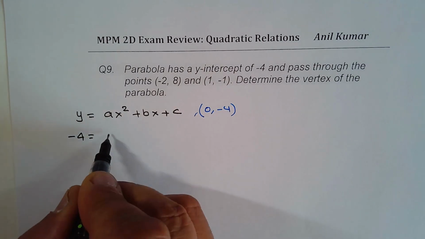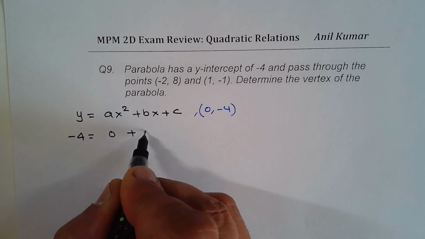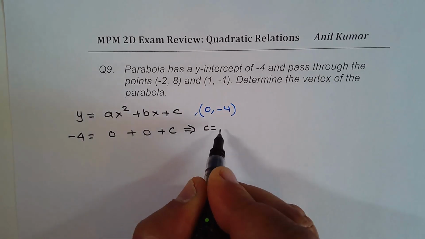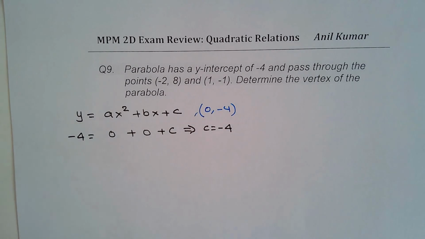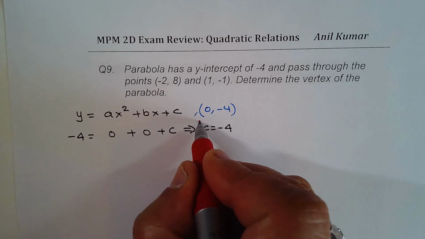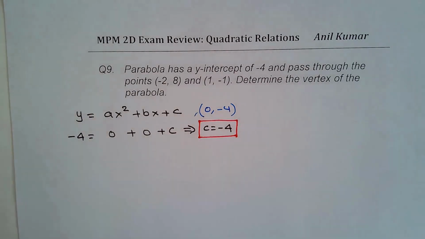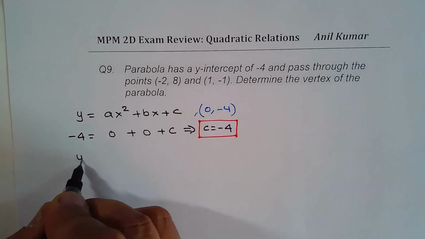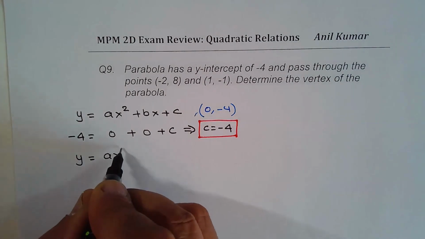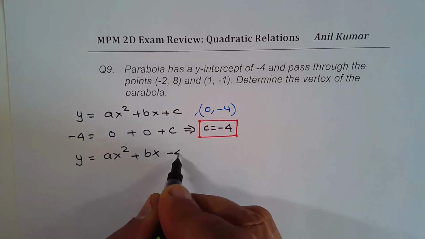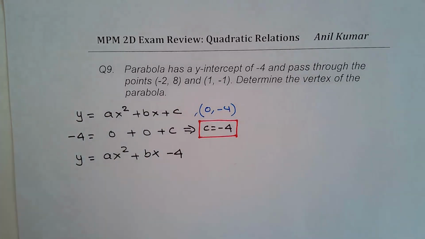So we get 0 plus c, and that gives you c equals minus 4. So the value of c, which is the y-intercept, is given to us as minus 4. With that, we can write our equation as y equals ax square plus bx minus 4. Let me call this our equation number 1.